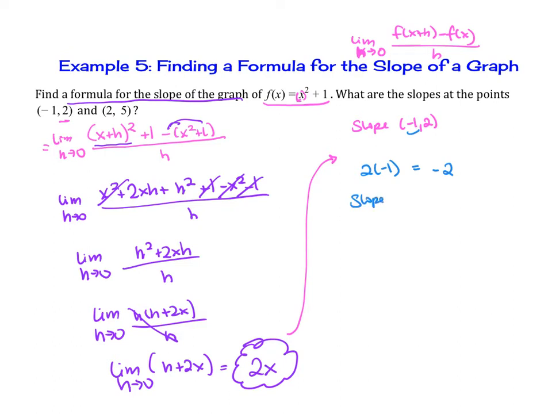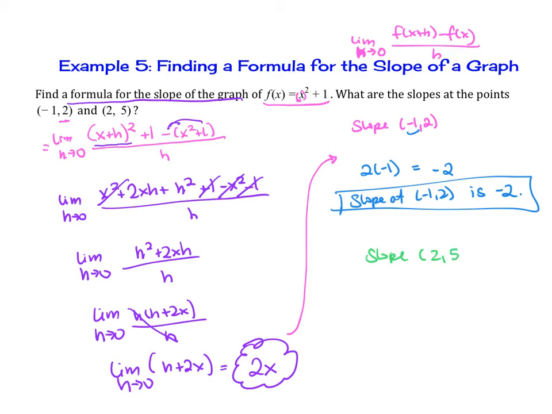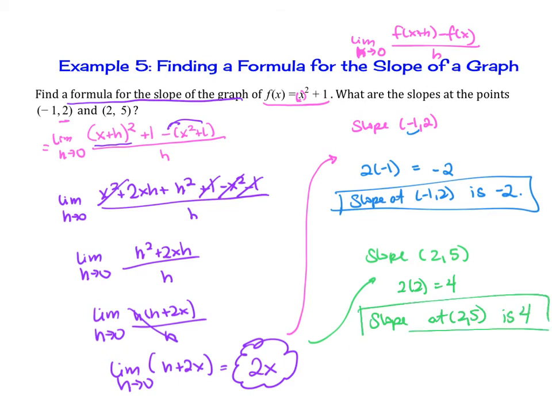The slope at -1, 2 is -2. That is what we're looking for. Next, we're going to find the slope at the other point, which is 2, 5. So we plug it in: 2 times 2 equals 4. So the slope at 2, 5 is 4.